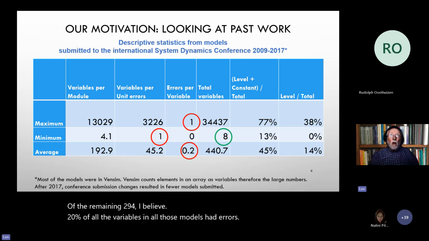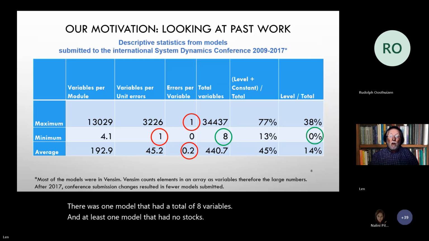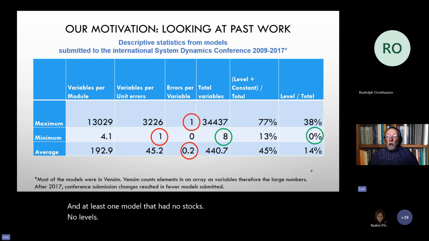There was one model that had a total of 8 variables, and at least one model that had no stocks, no levels. This made me quite a bit nervous. I call that the obvious and the odd.